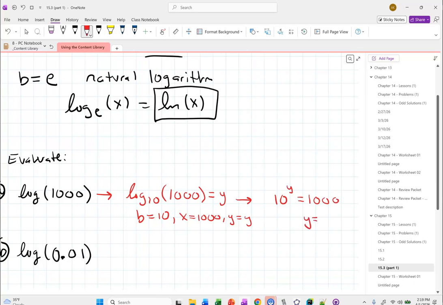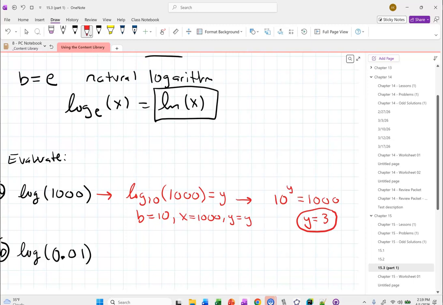And I ask myself, what power of 10 is equal to 1,000? 3. Because 10 times 10 is 100, and times 10 more is 1,000. So that's 10 to the third, right? 3 times multiplied together.